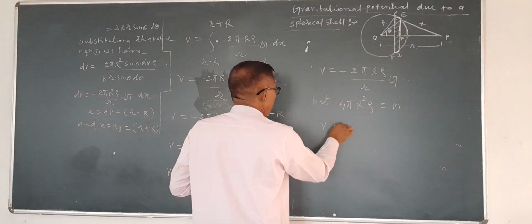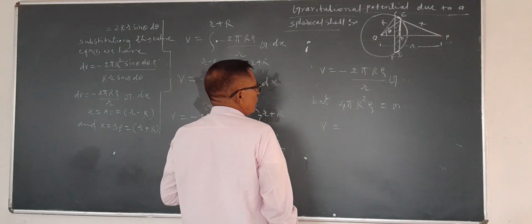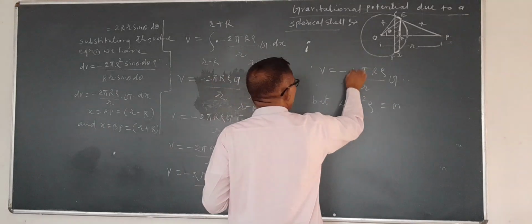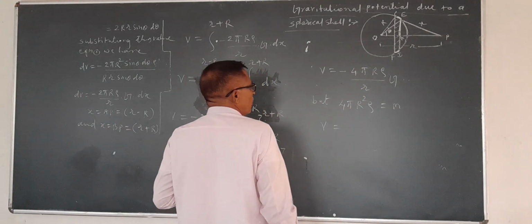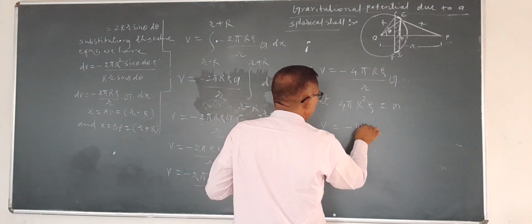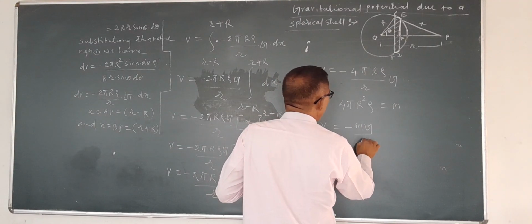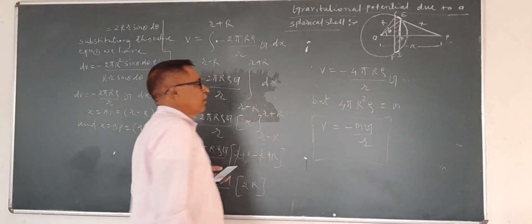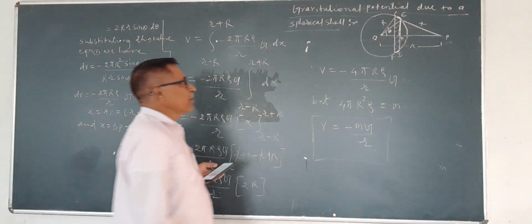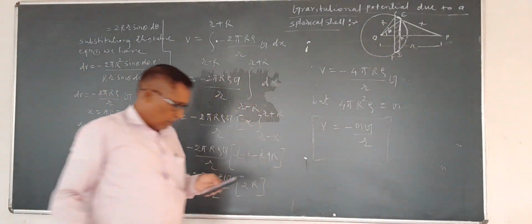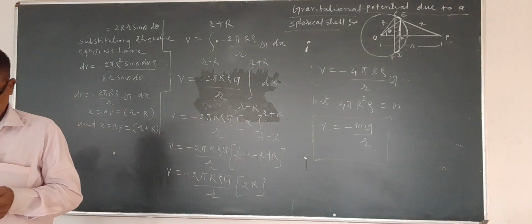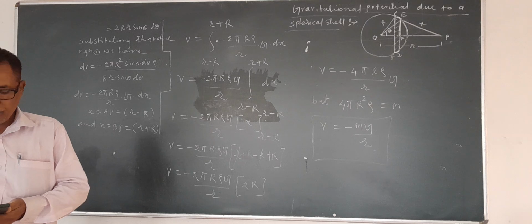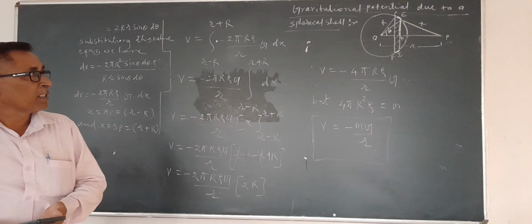Therefore we can write V equals, these 2 and these 2 become 4, 4π R² ρ, therefore it is minus G M upon r, and this is the potential at point P due to this spherical shell. In this way, we have calculated the potential due to the spherical shell at point P, which is at a distance r from the center of the spherical shell.